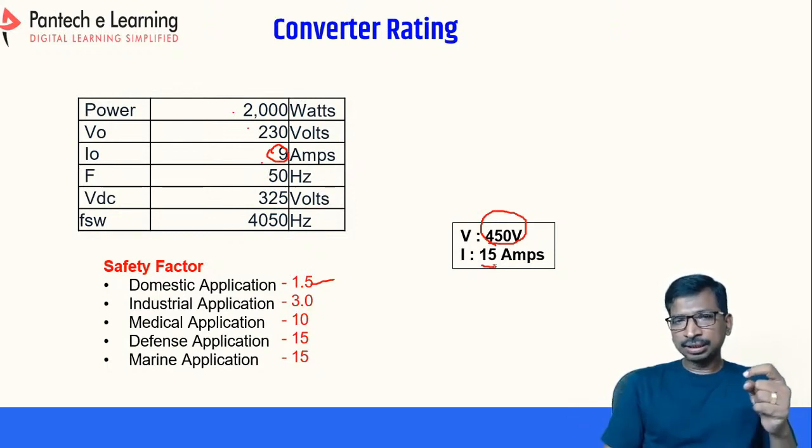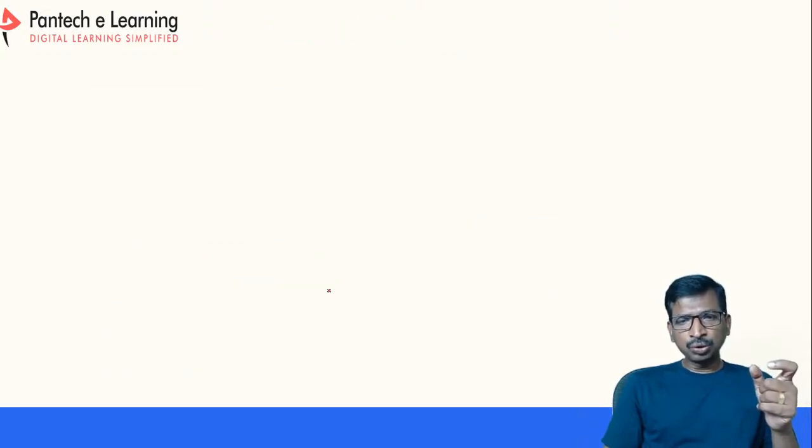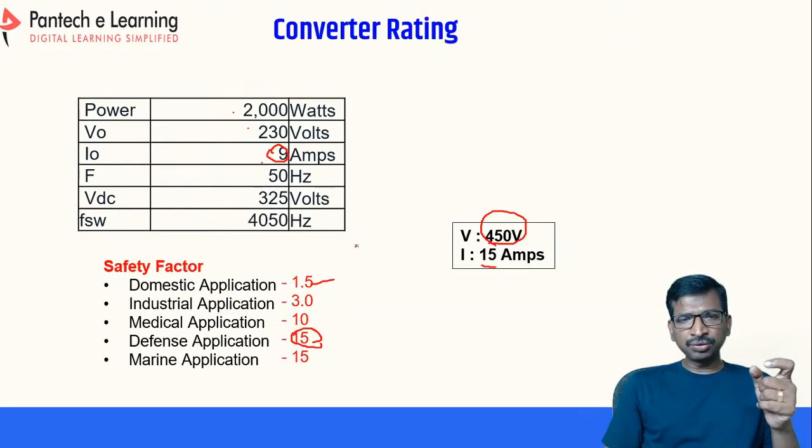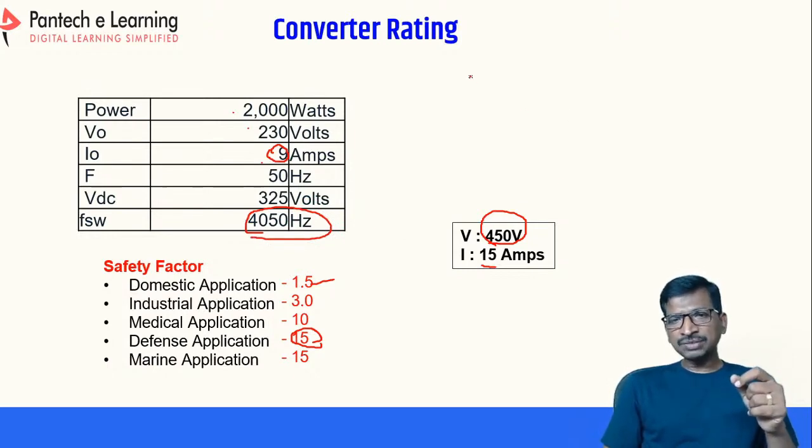Right? And similarly for marine defense applications, you have to keep the safety factor at 15 times higher than the normal rating. Now you have to choose the device, right? In this one, if your switching frequency is 40 to 50 kilohertz, in that case a low power MOSFET is enough.